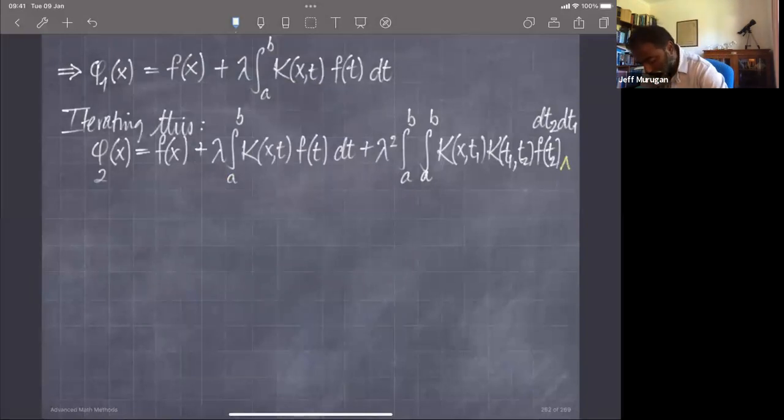And I can continue this. In general, I will find the following structure.